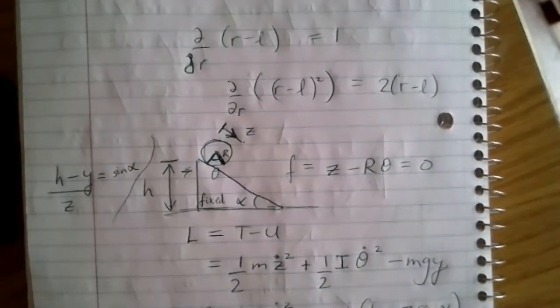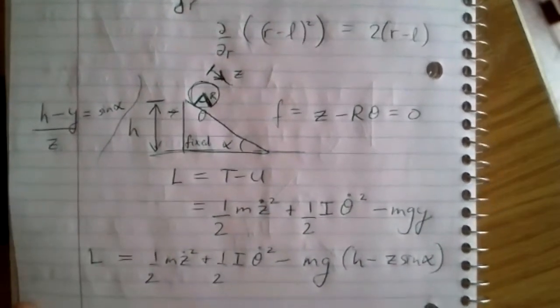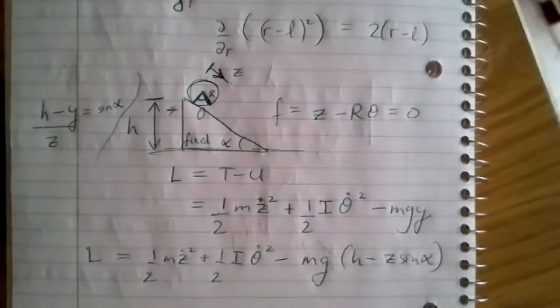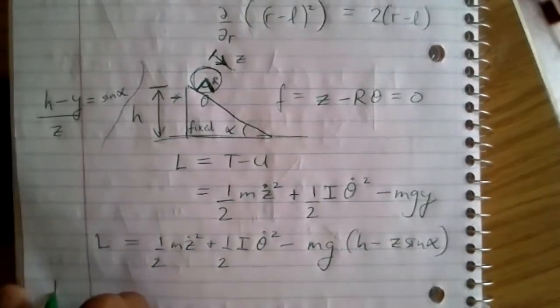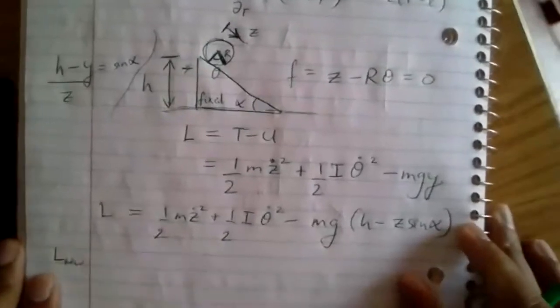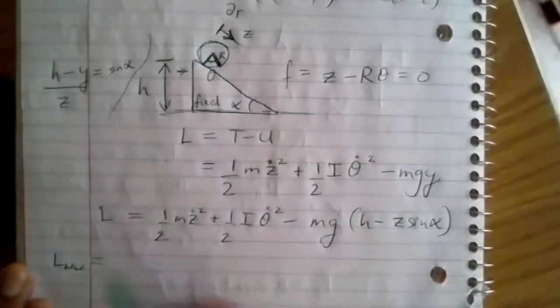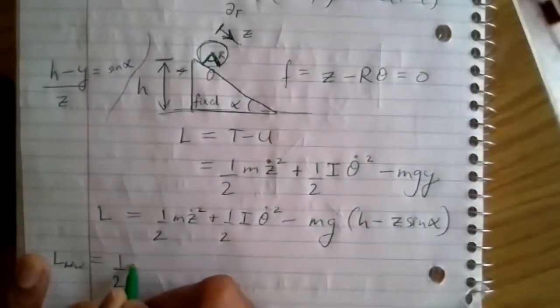That's a bit low. I can't quite see that. Oh, sorry. Thanks. So this is my L, but I still need to add on the constraint and the Lagrange multiplier. So my L new is all of this plus the constraint.